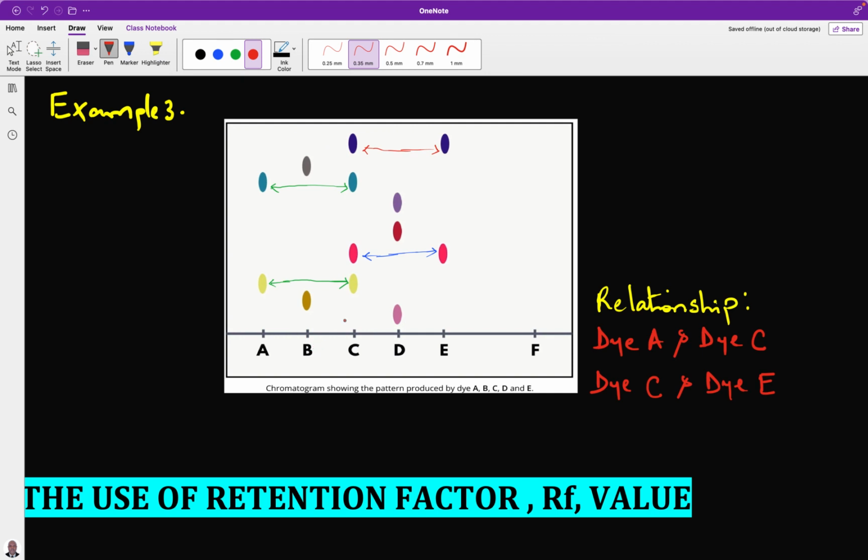Is only B. B is the only dye that has components that are not present in A, C, D, and E.